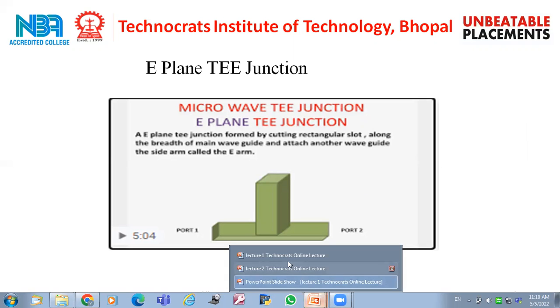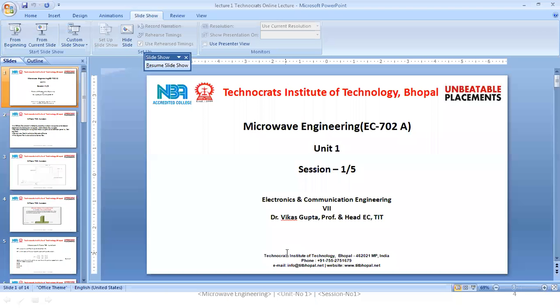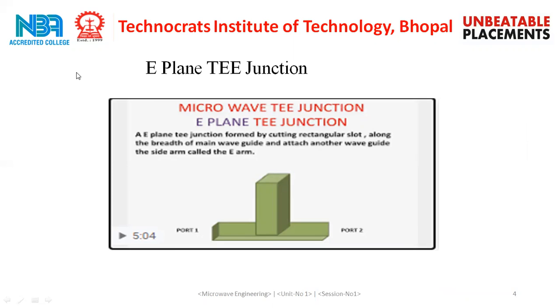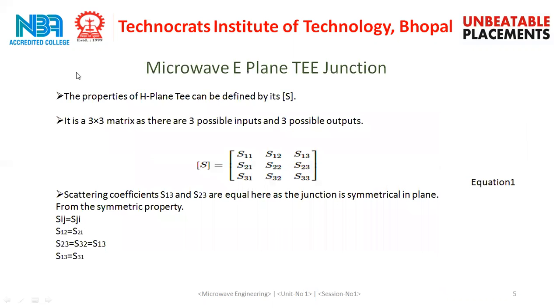Now I am going to discuss the scattering matrix of the E plane T junction. We know that since it is a 3-port junction, it has 3 possible inputs and 3 possible outputs.